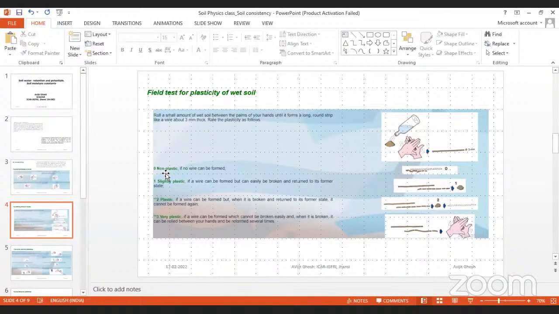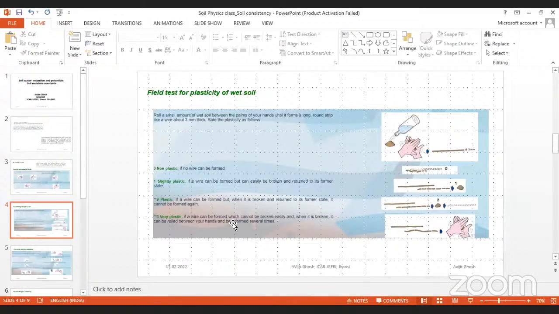It will be told non-plastic if no wire can be formed like this, and slightly plastic if it initially forms a wire, but it breaks when more pressure is applied. It will be told plastic if the wire can be formed, but when it is broken and returned to its former state, it cannot be formed again like this.